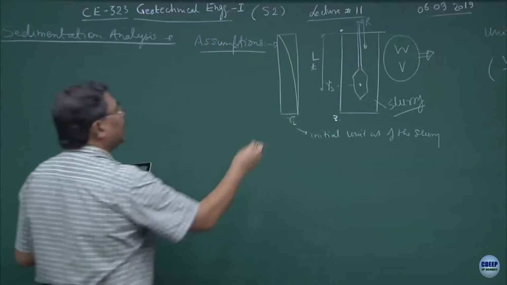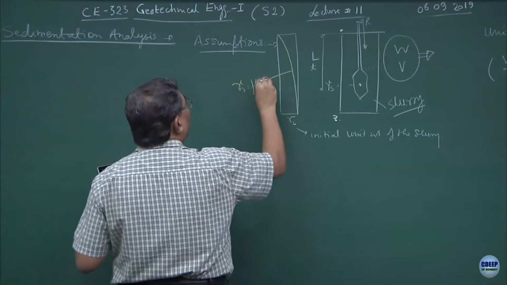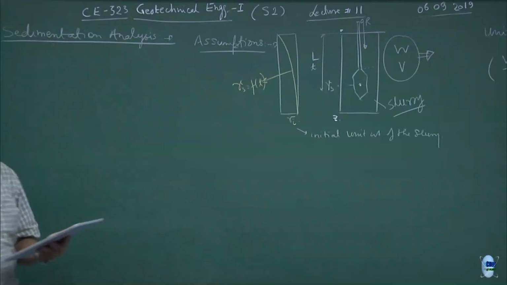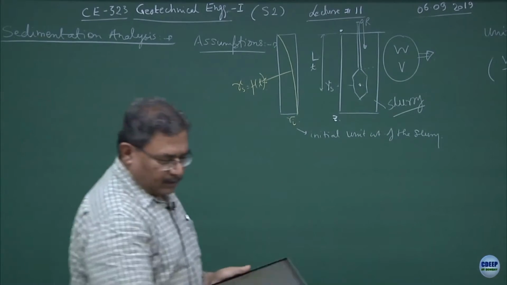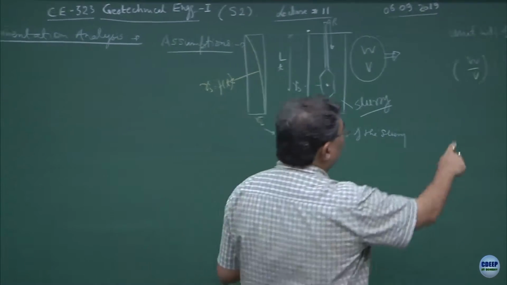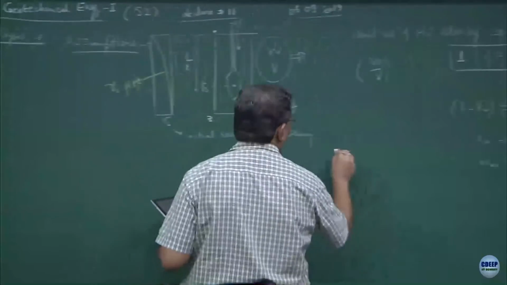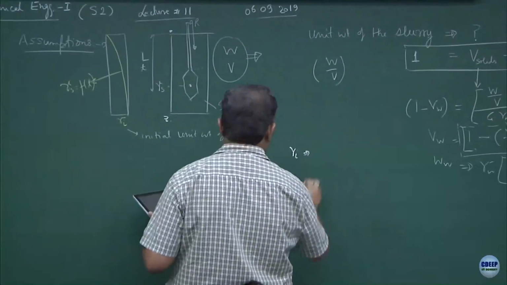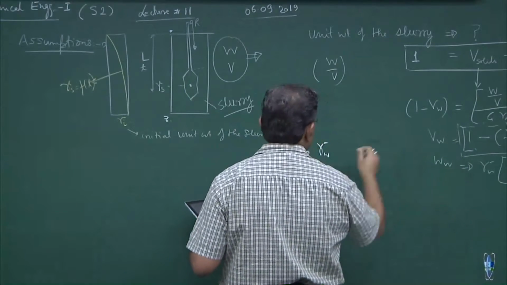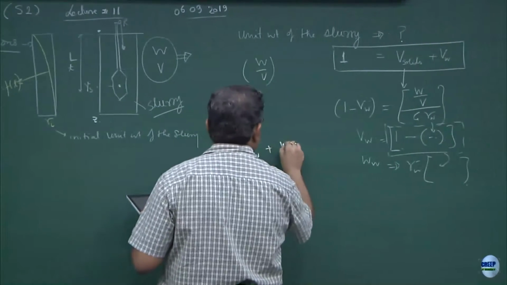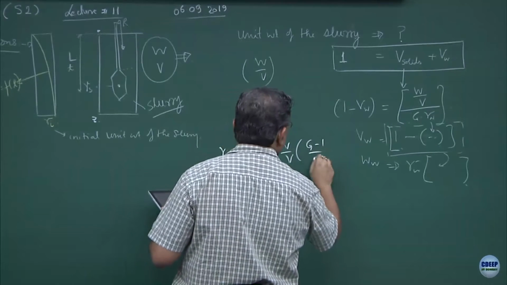So, this is the time dependent unit weight of the slurry. So, if I go back to the calculation which I was doing over here, and if I say gamma I equal to, try to prove this. Once you have these expressions, you can define this as W upon V times G minus 1 over G.